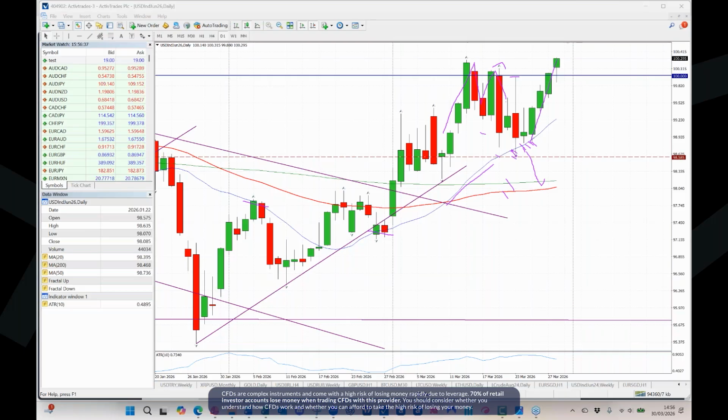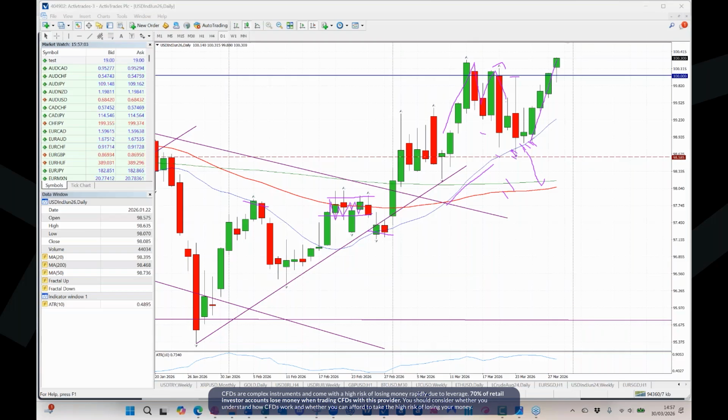So, as I said, the 20 and the 50 and the 200 become self-fulfilling prophecies, and that can be beneficial. You can utilize it to help you frame the markets that you're looking at, frame the charts, and see how price reacts to them. Like here, it just pivots around the 50, doesn't it?